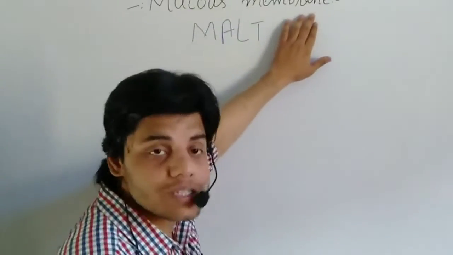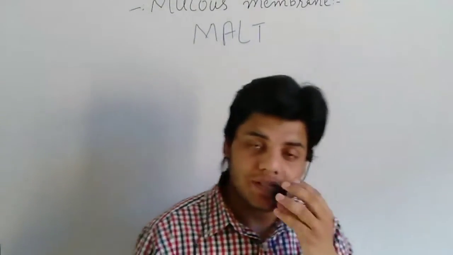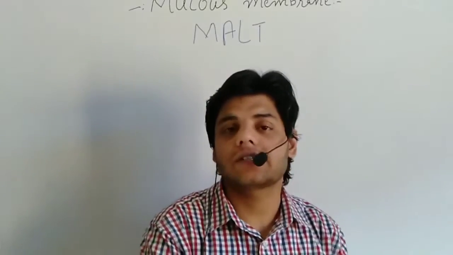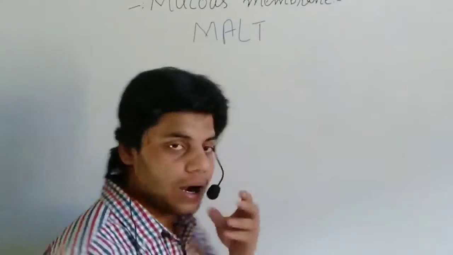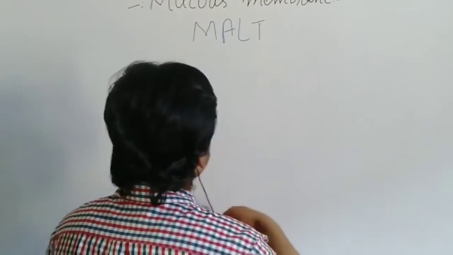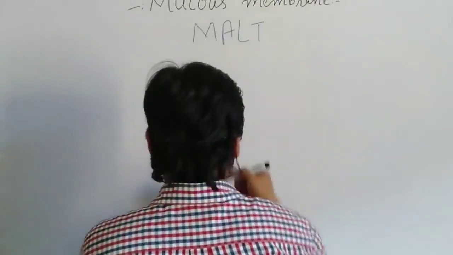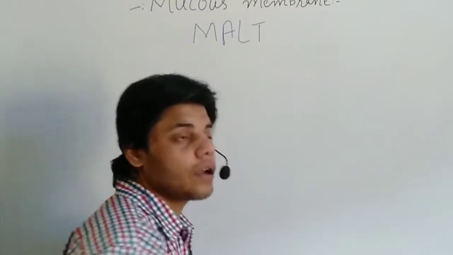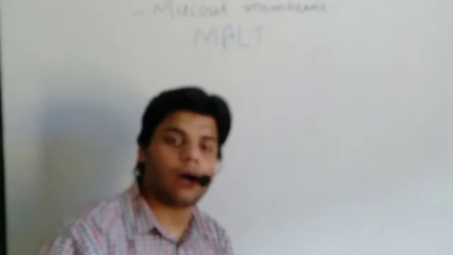So similarly, the mucous membrane also contains a specialized tissue which we usually call MALT. Okay, so MALT has two main types. This MALT has two main types which we usually call GALT and BALT. So let me write.